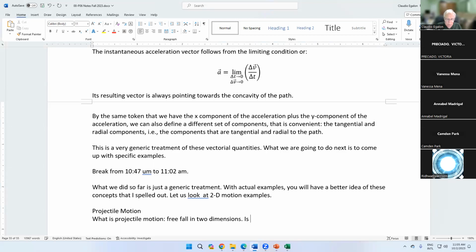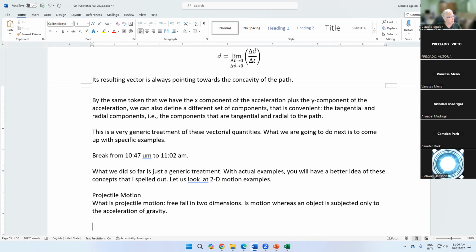is motion where an object is subjected only to the acceleration of gravity. That's how we define projectile motion. It is motion with only constant acceleration of 10 meters per second squared in the vertical direction.